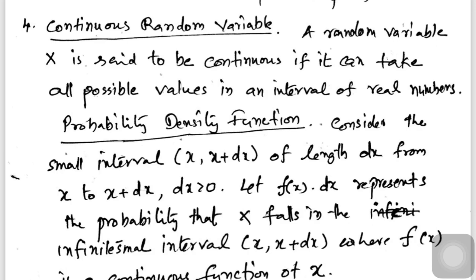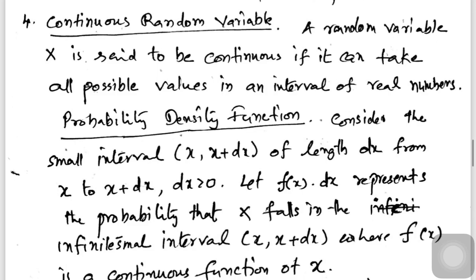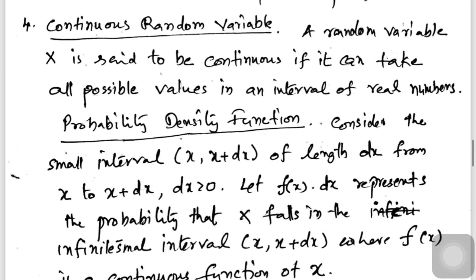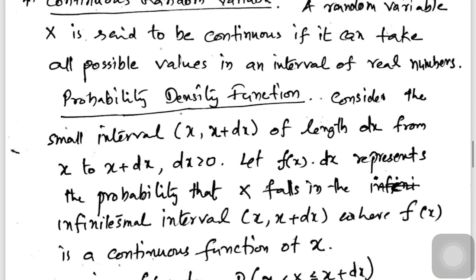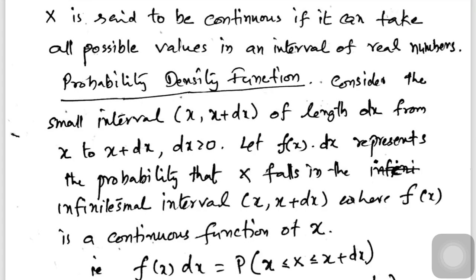And in a probability density function, it doesn't mean the probability at a particular value as in the case of a discrete random variable, but it is concerned with the probability of an interval, in particular a small interval of the real line at a very small neighborhood of x.